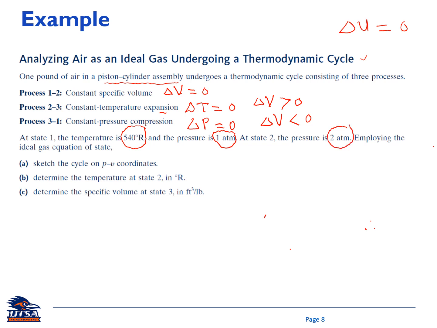Then, employing the ideal gas equation of state, the first question is to sketch the cycle on PV coordinates. The second question is to determine the temperature at state 2 in degrees Rankine, so what is T2. And question number 3 is to determine the specific volume at state 3, small v3, in cubic feet per pound.